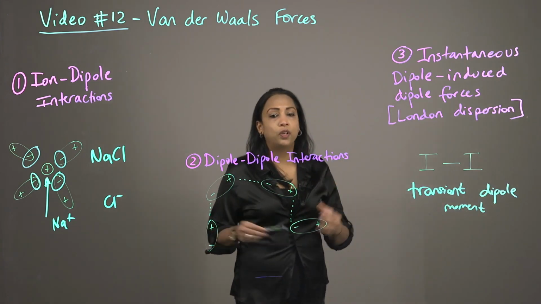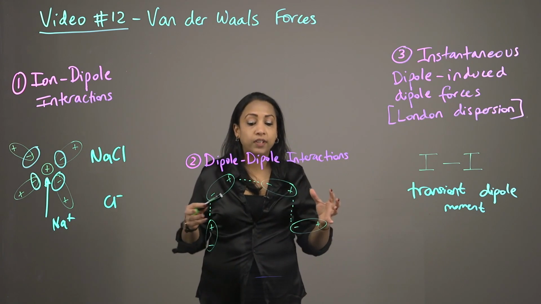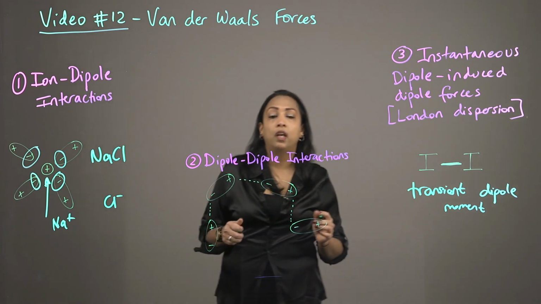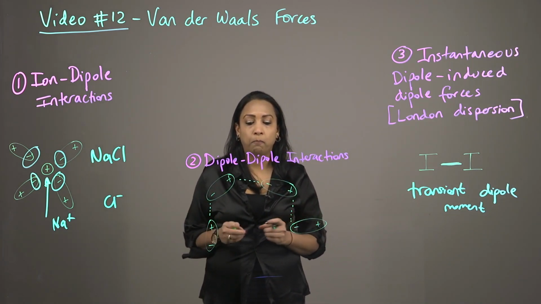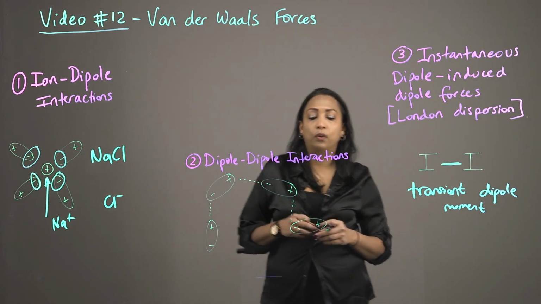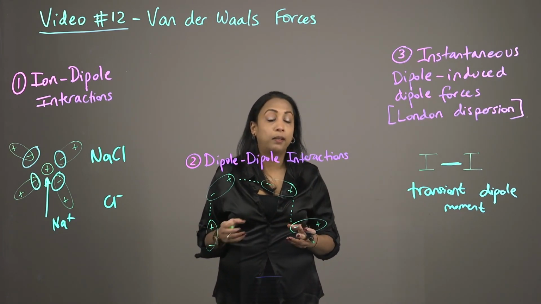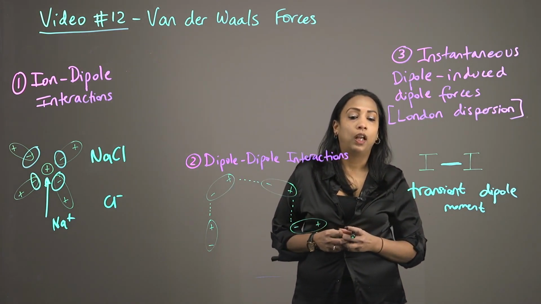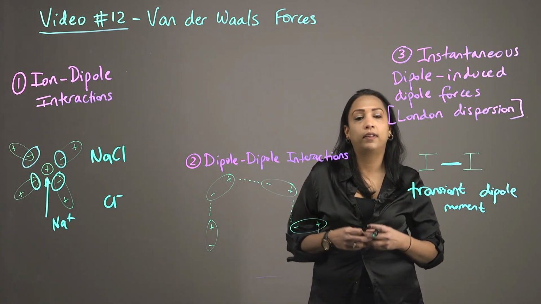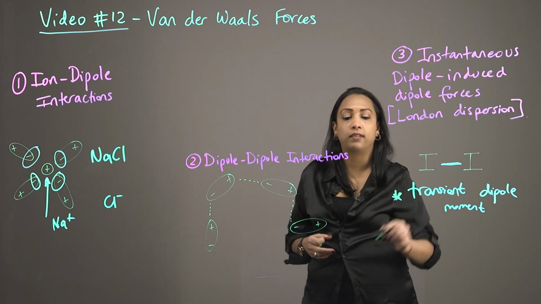So as we said before, due to the particulate nature of electrons, it is usual for the average distribution of electrons around each nucleus in a nonpolar bond to be spherically symmetrical. The atoms are nonpolar and possess no dipole moments, so the distribution of electrons around an individual atom at any given instant in time may not be perfectly symmetrical, and both electrons may be on one side of the nucleus, causing the atom to have an apparent dipole moment at that instant in time, which is called a transient dipole moment.